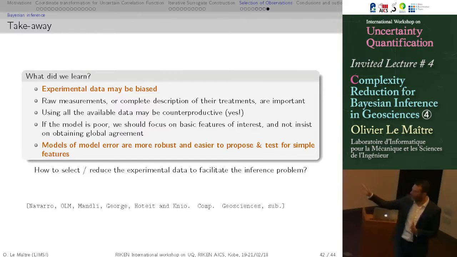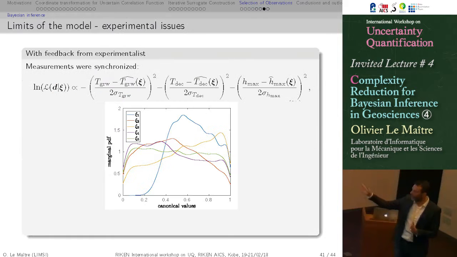So if the model is poor, you should focus on basic features of interest and not insisting on obtaining global agreement. And that's something I'm quite convinced of. Models of model error are more important and easier to propose and test for simple features. What I mean here is that it was quite easy to propose a variance for these quantities, okay, based on the experimental signals.